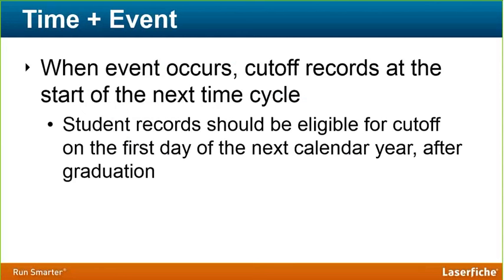Here's an example. Student records should be eligible for cutoff on the first day of the next calendar year after graduation. So the event cutoff is going to be after graduation, and the time cutoff is going to be the first day of the next calendar year. So you have both of those taking place in order for that record to reach its retention phase.